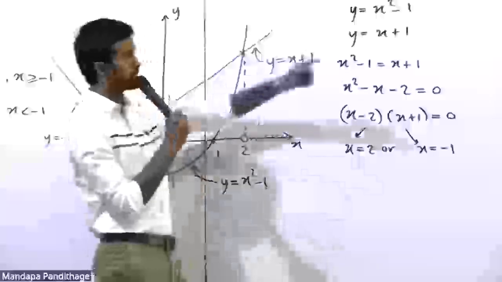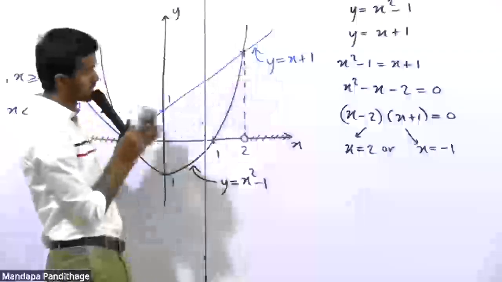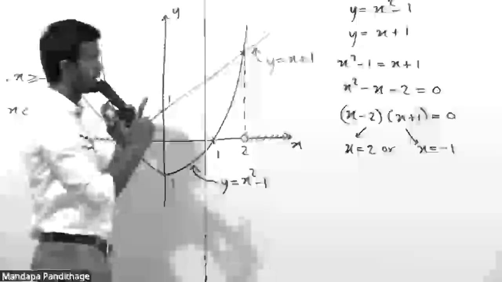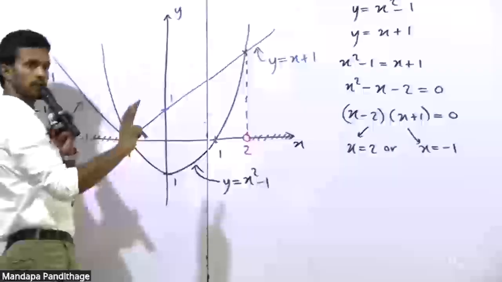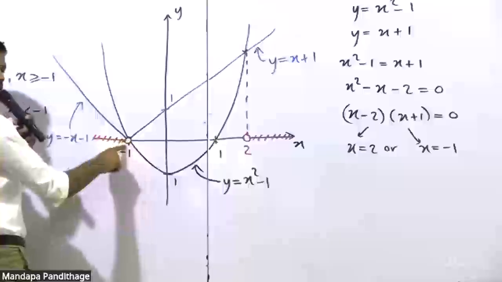Okay, now look at this. Here we have considered the intersection points of y equals x squared minus 1 and y equals x plus 1. So it's clear this parabolic graph and this straight line get intersected in 2 points. This is one point. What is the other intersection point? This is the other one.